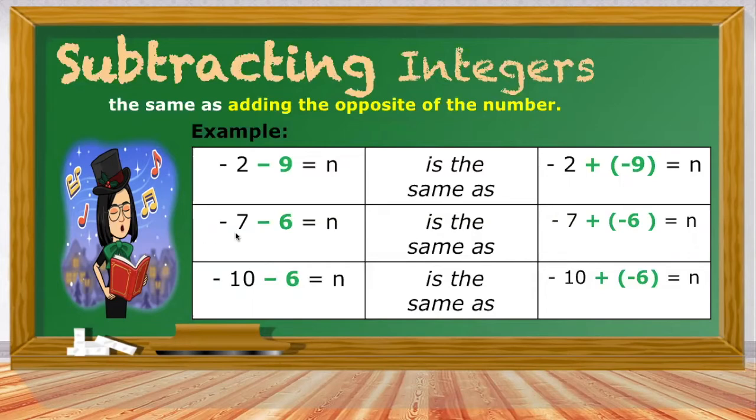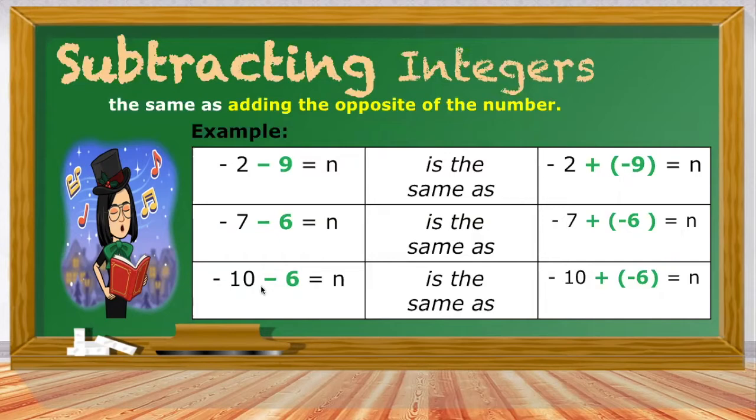Negative 7 minus 6 is equal to n. It is the same as negative 7 plus the opposite of positive 6, which is negative 6, equal to n.